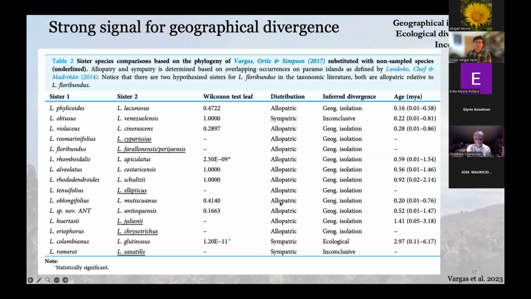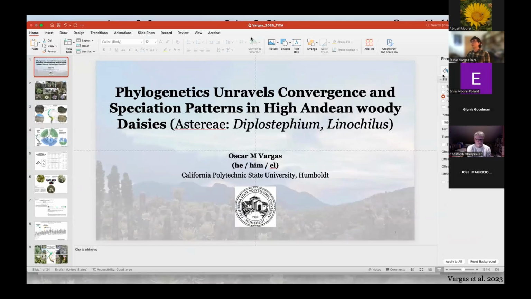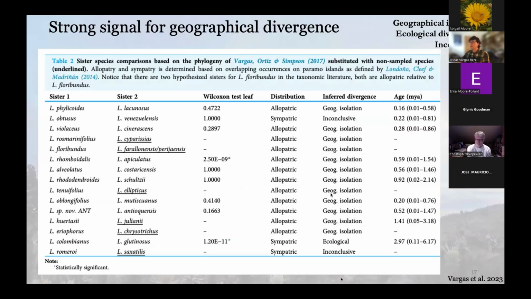When we look at the distribution of sister species, we see that most sister species are allopatric. So we can use this to infer divergence. And when we do this, we infer that geographical isolation seems to explain 80% of the divergence between sister species, and ecological divergence, 13%.